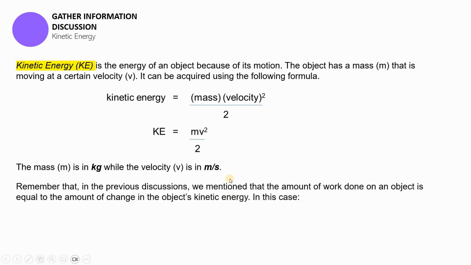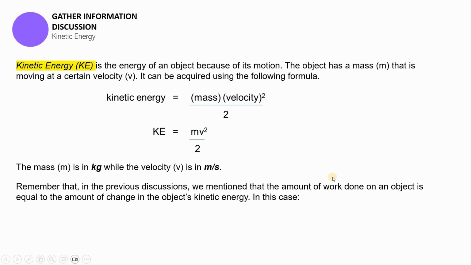Now remember that in the previous discussions, we mentioned that the amount of work done on an object is equal to the amount of change in the object's kinetic energy. So, yung isang object, pwede siyang gawan ng work, pwede siyang exertan ng work. To compute for that work, we have a particular formula, which is force multiplied by distance.